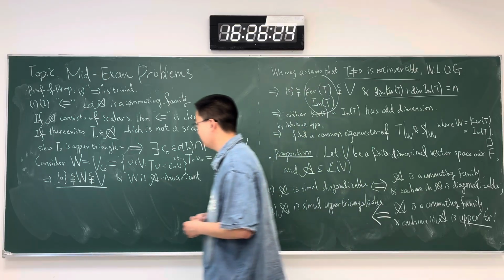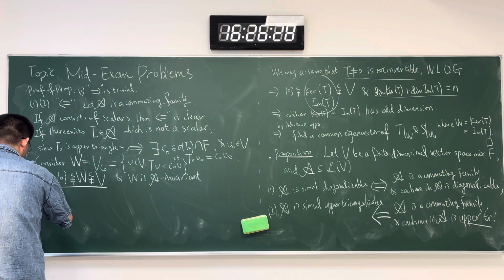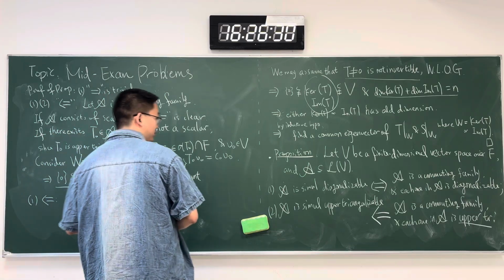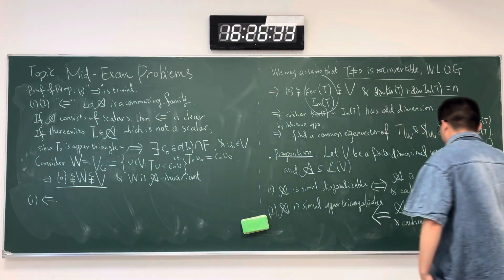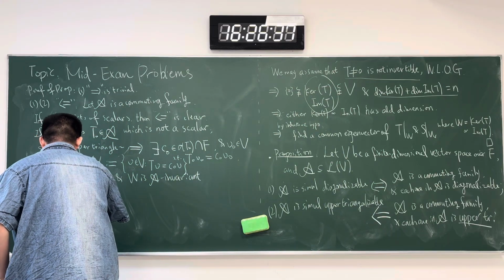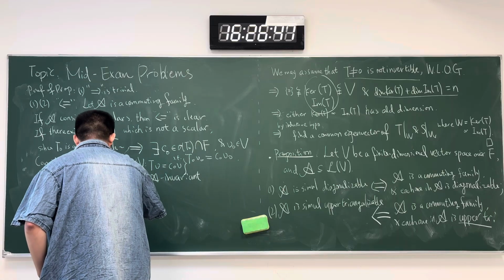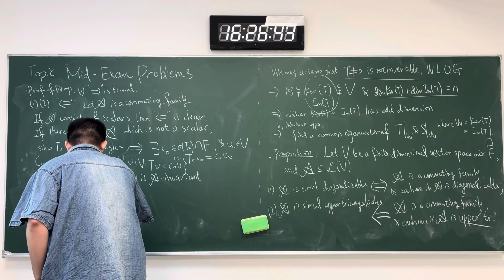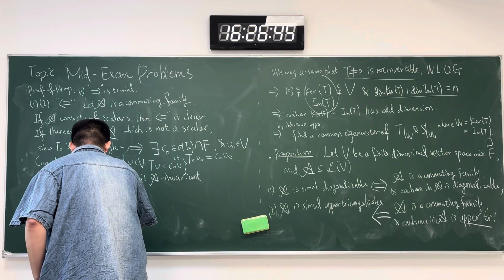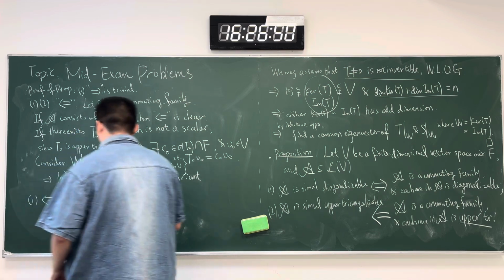So in case 1, our T0 is diagonalizable over F. It means that V can be decomposed into a direct sum of the eigenspaces of T0.